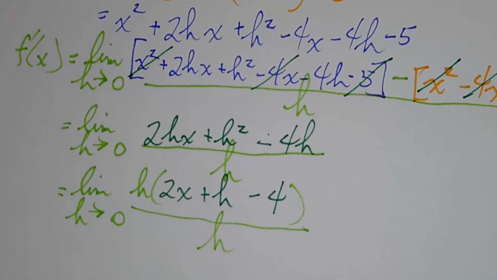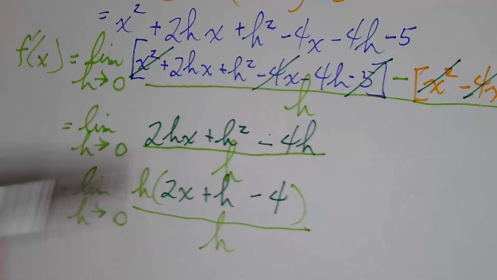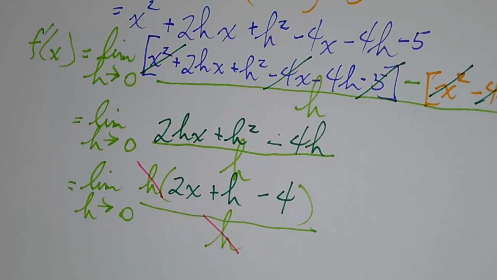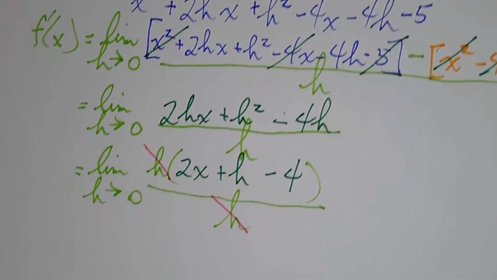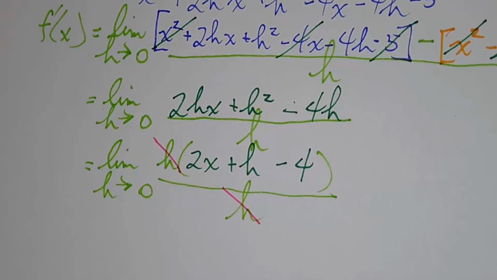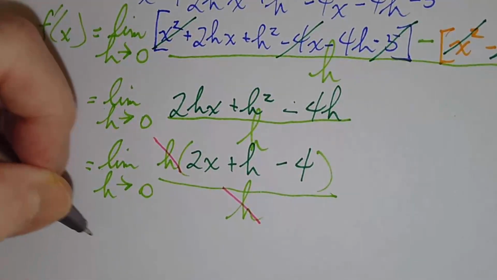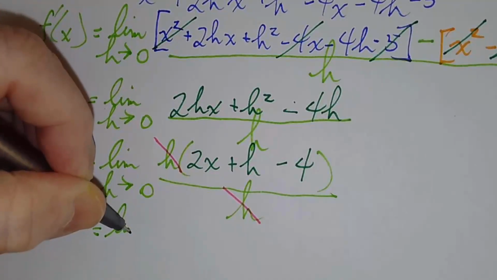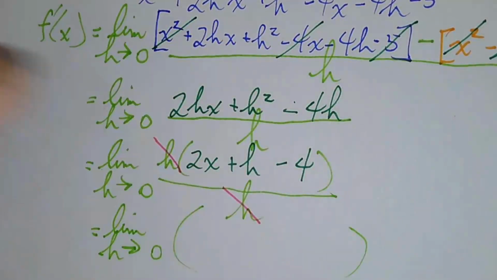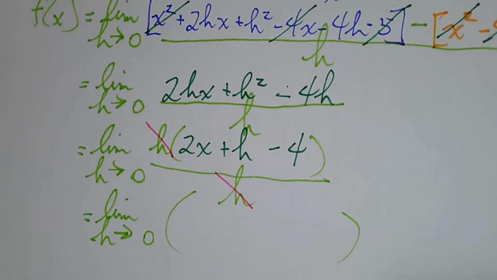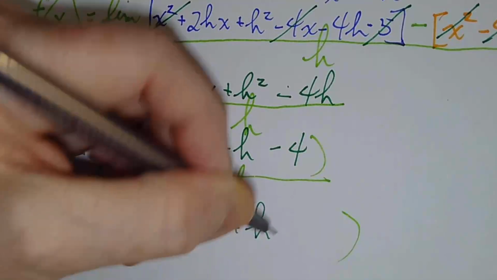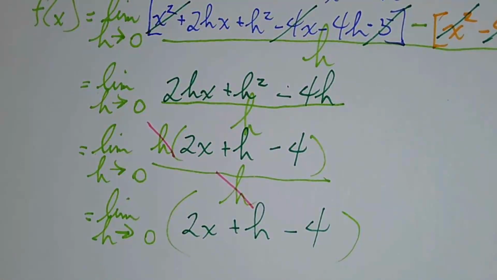Now we can divide out h between numerator and denominator. But before I start evaluating anything, I want to rewrite this with only the things remaining. So I've got the limit as h goes to 0 of 2x plus h minus 4.